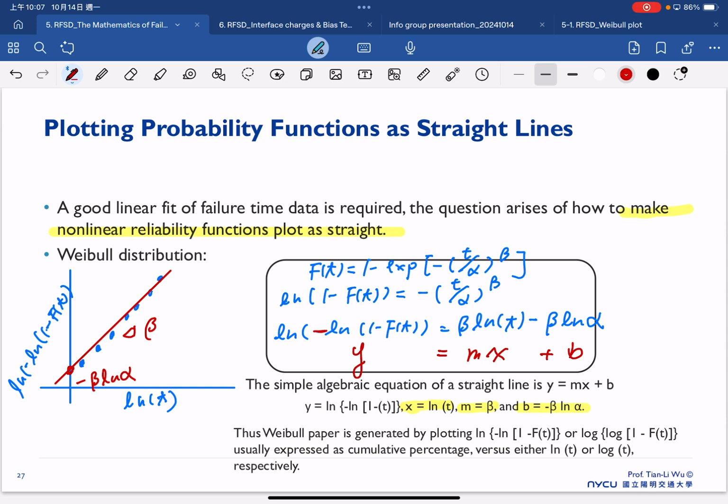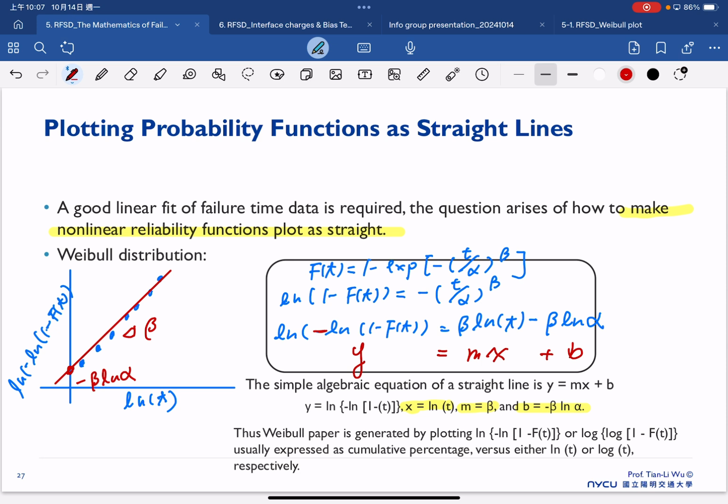So now with this plot, we can basically extrapolate the necessary parameters inside the Weibull distribution, which are beta and alpha.